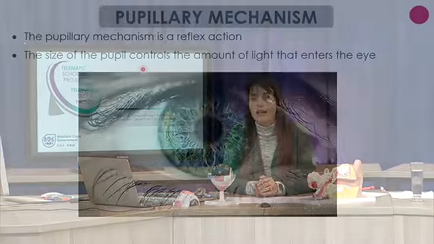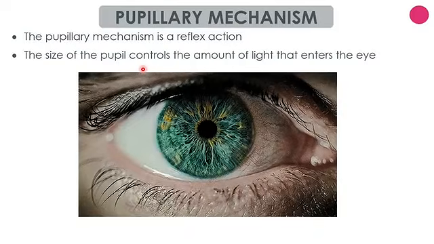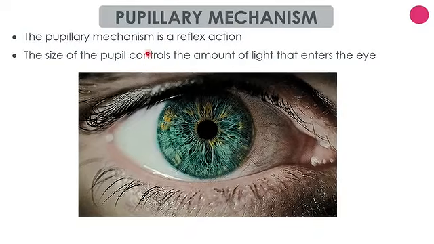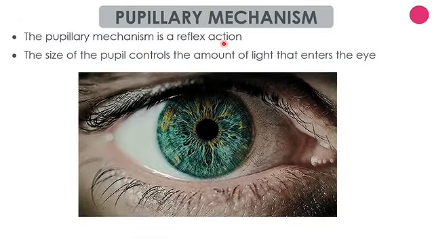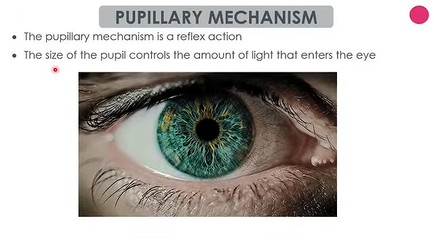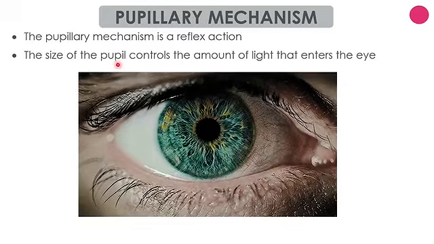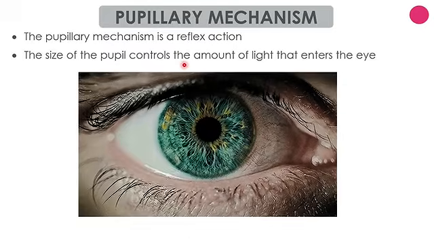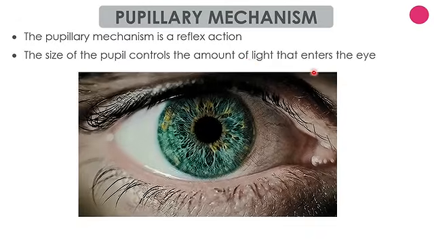So on the slide, we see that the pupillary mechanism is a reflex action. You cannot control it. The size of the pupil controls the amount of light that enters into the eye.